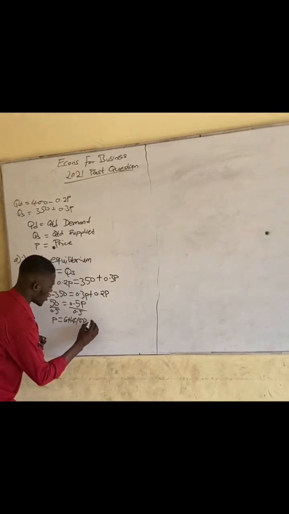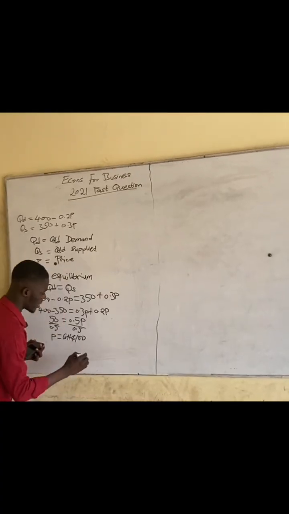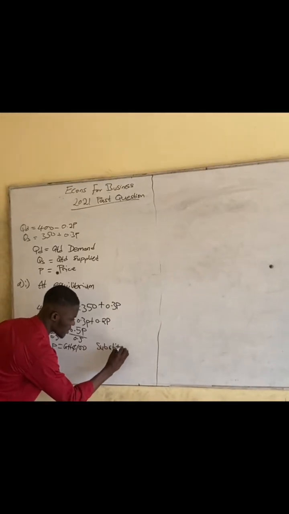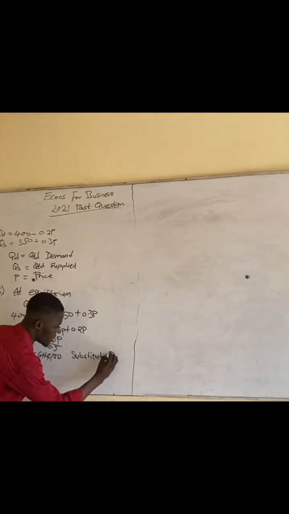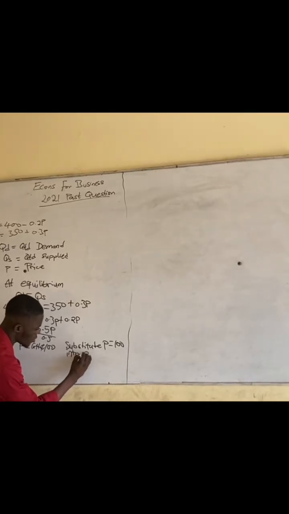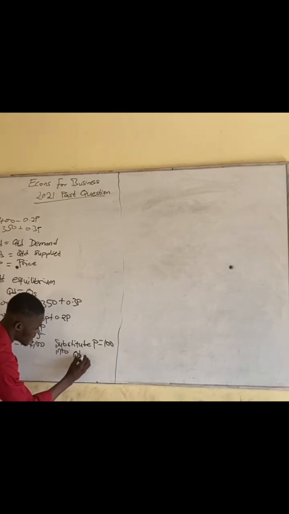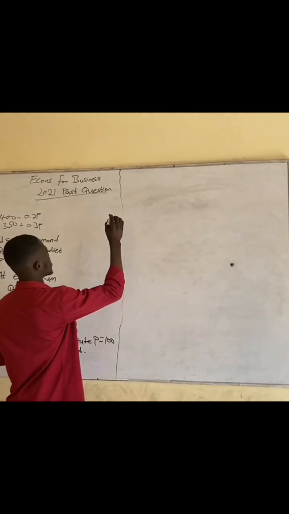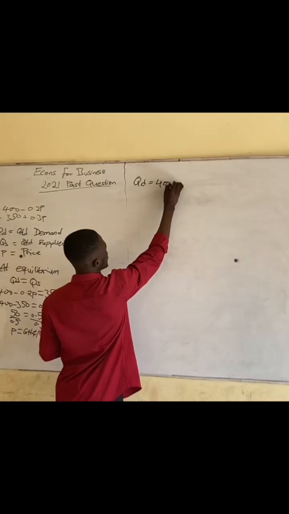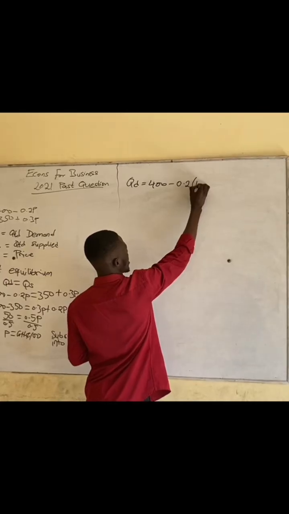Because we now have P, we also have to look for the quantity demanded. So substitute P equals 100 into the quantity demanded equation. We get quantity demanded equals 400 minus 0.2 times 100.